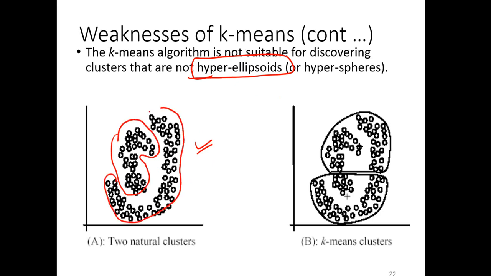Very complicated, very non-linear form of clustering, but there are clearly two different clusters, right? But what it does is take the upper half as one cluster and the lower half as the second cluster, which is not proper. It is not a correct representation. So unless you have a very clear shape of your data, the clustering will be somewhat inappropriate.